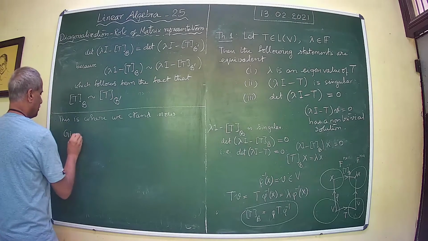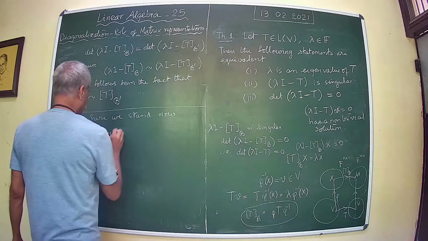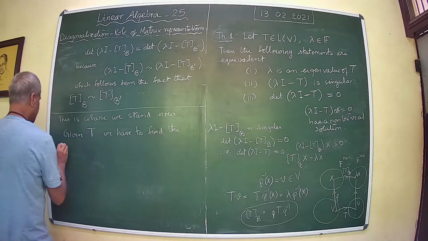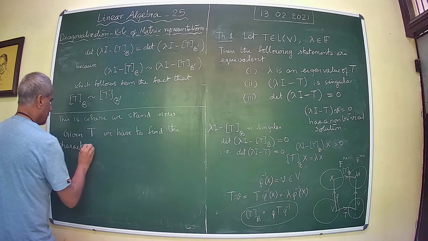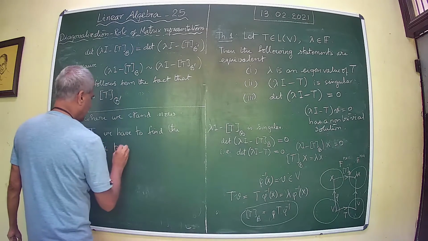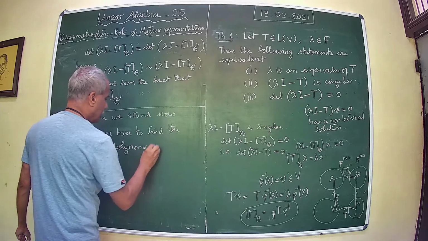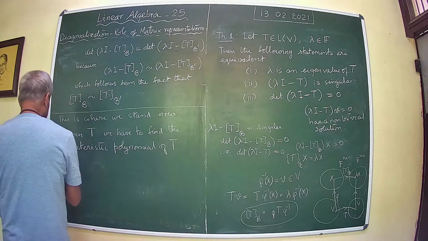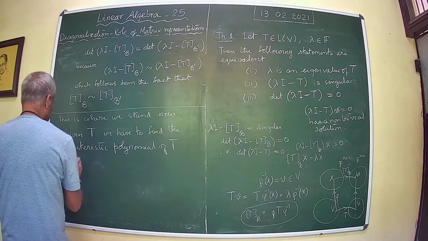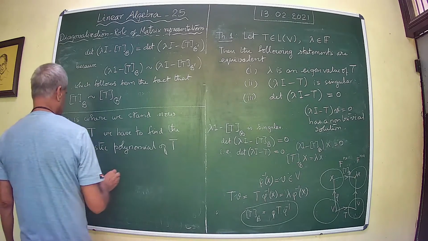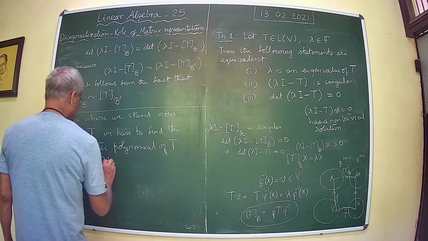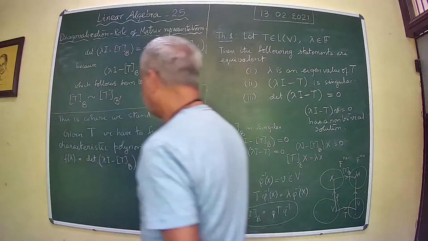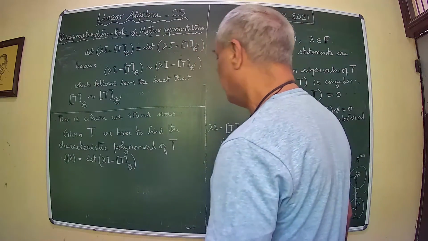Given T, we have to find the characteristic polynomial of T, which is essentially determinant of... this result, because it is invariant under a change of basis.